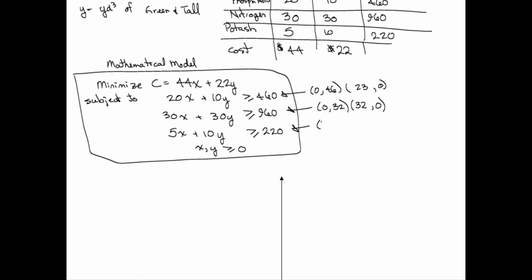We move to the last one. Put in 0 for x. So this term is gone. 220 divided by 10 gives me 22 for y. Put in 0 for y. 220 divided by 5 gives me 44.